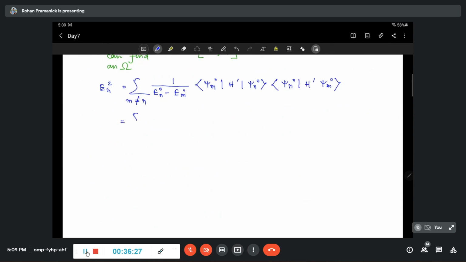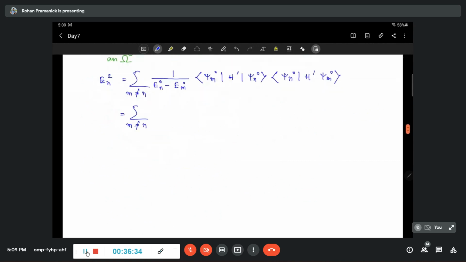So what we do, we replace one of the h prime by whatever I have written over here. So this is 1 by En0 minus Em0.